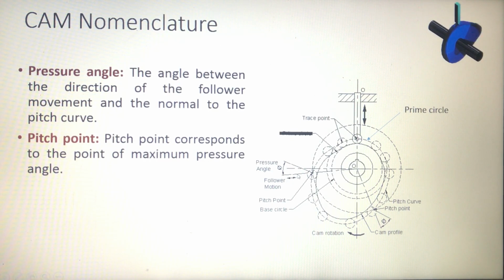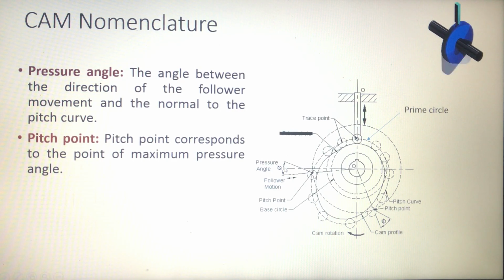If you draw a perpendicular to the pitch curve at this point, this is the perpendicular line. If you measure the angle between this perpendicular line and the direction of the follower movement, you will get the pressure angle.